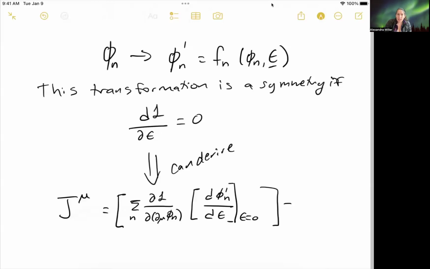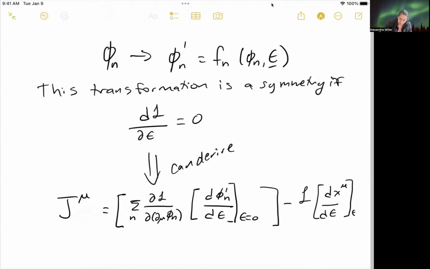And this looks similar to our conserved charges from Noether's theorem in analytic mechanics. Here, if you go through that derivation, you end up with this additional term, so minus the Lagrangian times the derivative of our coordinates with respect to that variation.